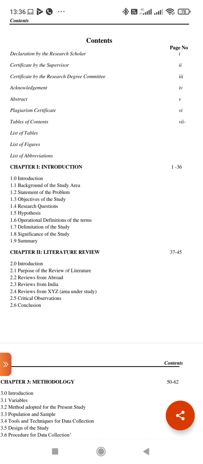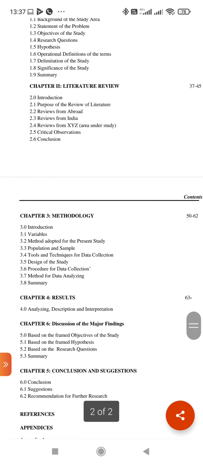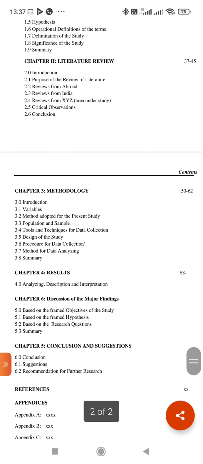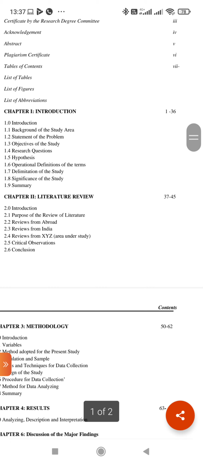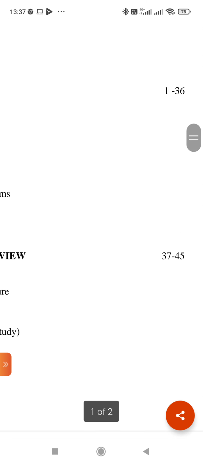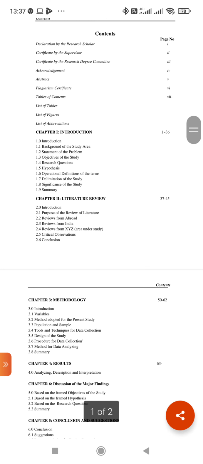So I would suggest that when we talk about the different chapters that you are underlying as chapter 1, chapter 2, chapter 3, chapter 4, and so on, you can put all those in natural number form.